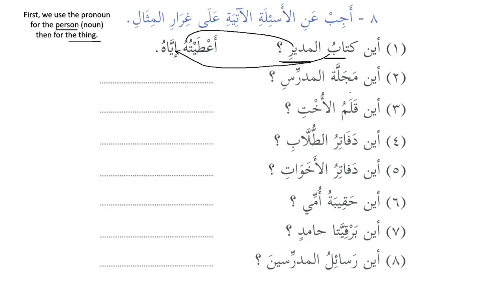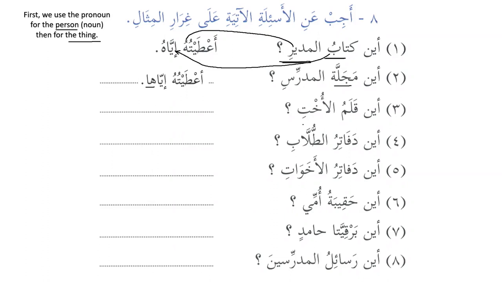أين مجلة المدرس؟ Where is the magazine of the teacher? You want to say, I gave it to him. Excellent. أعطيته إياها. Very good. So why do we say ha? Because majalla is feminine, so that's why we have to say إياها. أين قلم الأخت؟ Where is the pen of the sister? أعطيتها إياه.